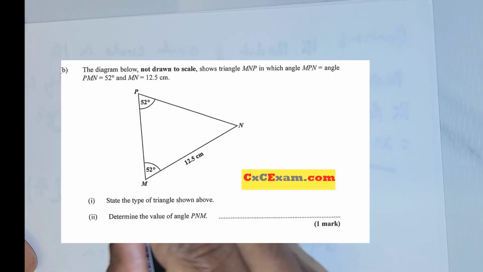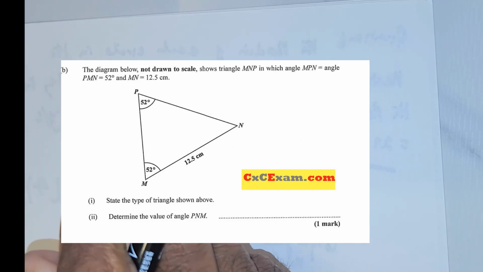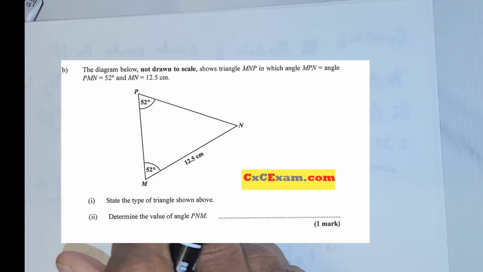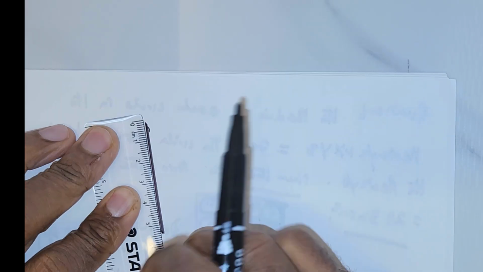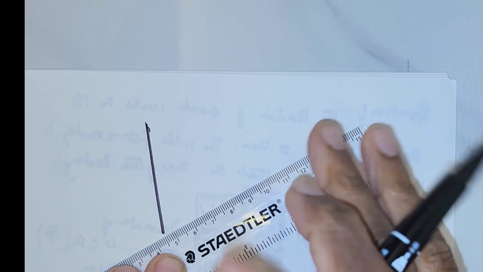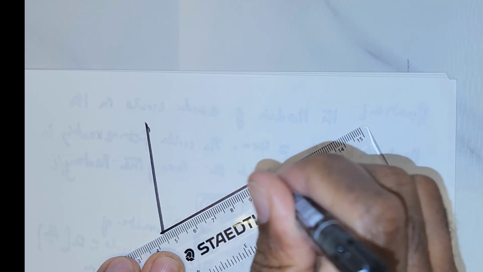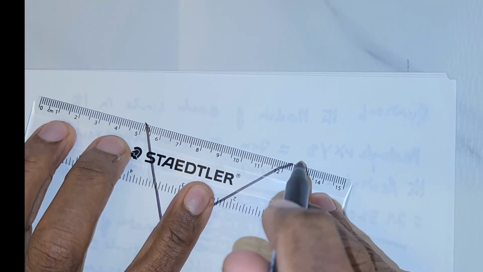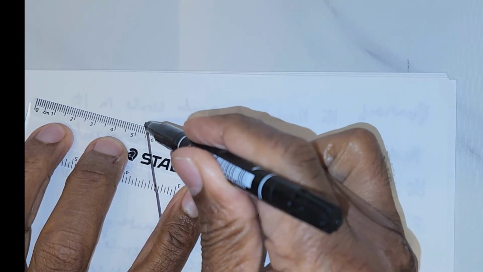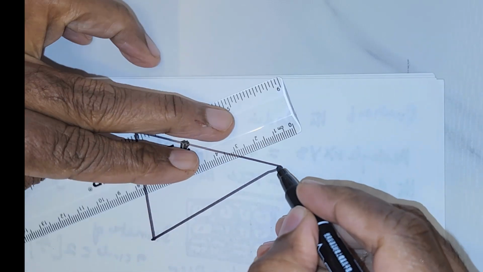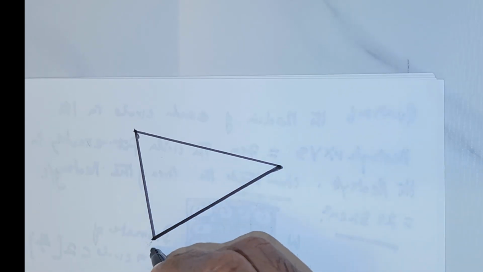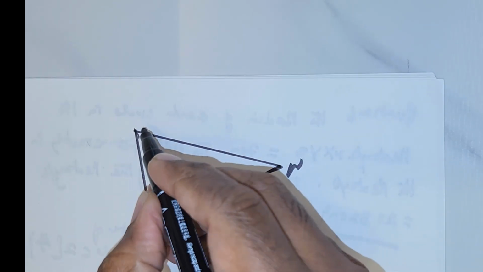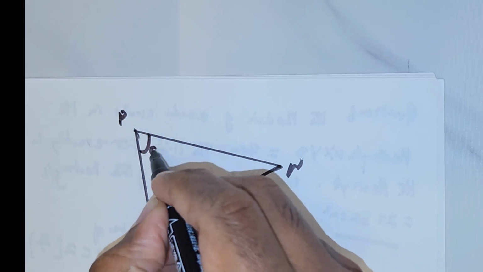Okay, this is the next question. We are actually given a triangle. Let me draw that triangle. Okay, so this is M and P. This is 52 degrees.